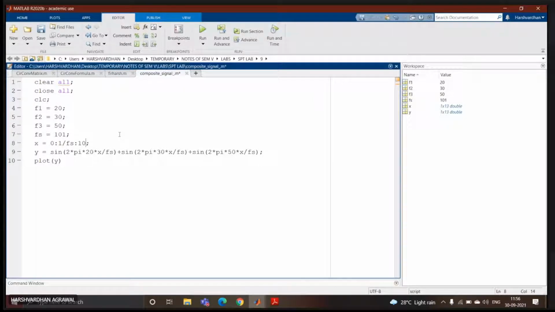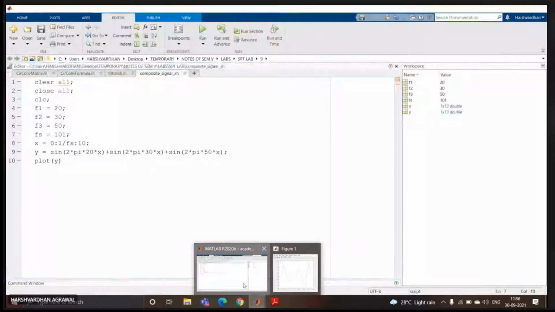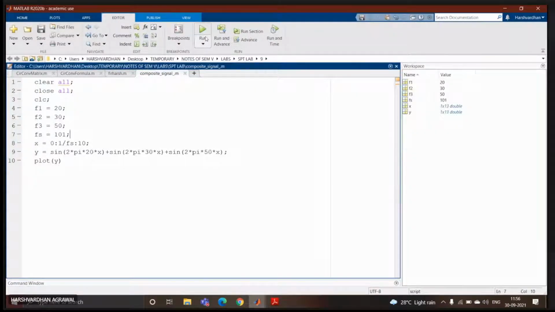Then no 1/fs in the signal y. So automatically it will sample. Your original signal is sine 2 pi ft. So in t you are sampling, in the time domain you are sampling. So your original signal is already 20 hertz or 30 hertz, 50 hertz. Okay, then your output will be that.